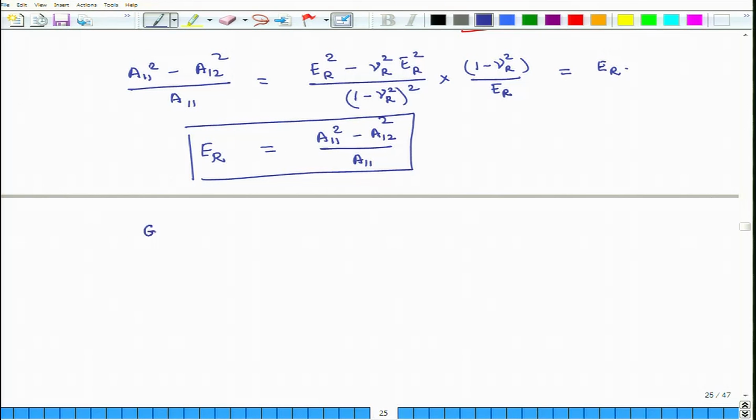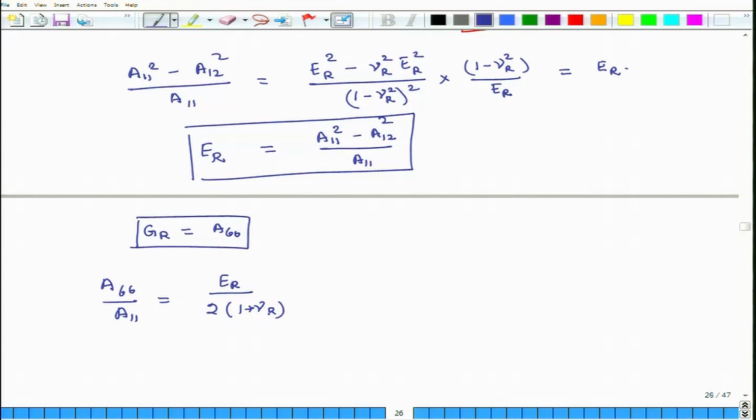So, GR is equal to A66, that is direct because thickness we have assumed as unity. Okay. So, this is the second relation, and the third relation is for Poisson's ratio, and what do we do? A66 divided by A11 is equal to what? A66 is ER divided by 2 into 1 plus nu R, and what is A11?